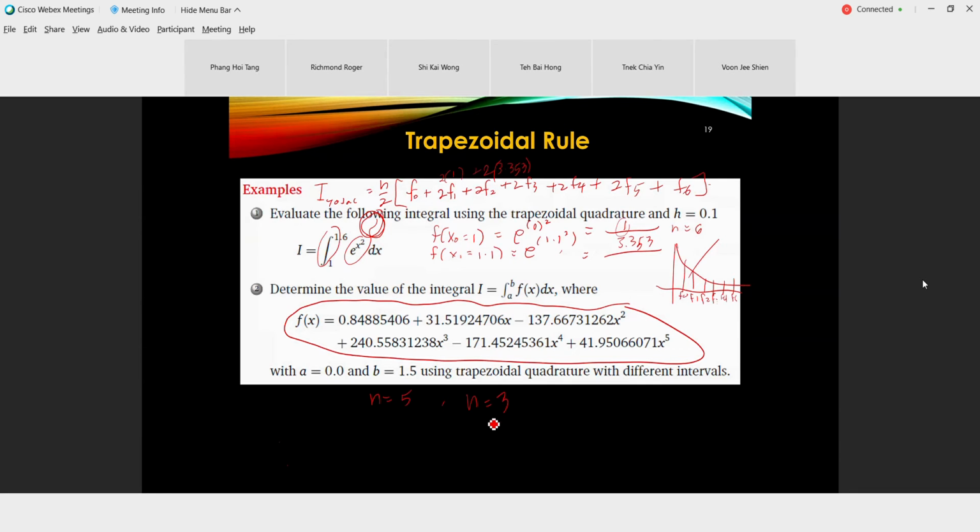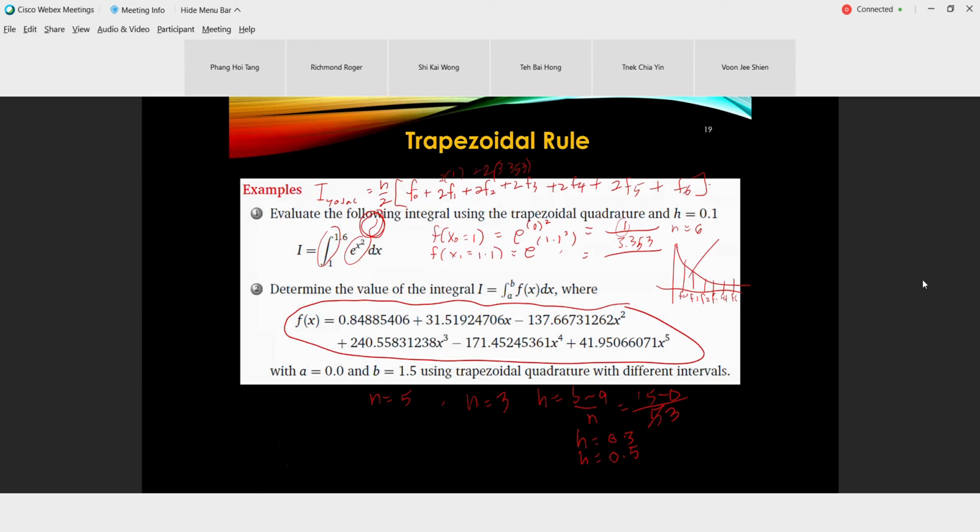So h equals (B minus A) over n. B is 1.5, A is 0, and if you choose 5, your h is 0.3. If you use n equal to 3, your h is 0.5. The answers will be different, but very close.